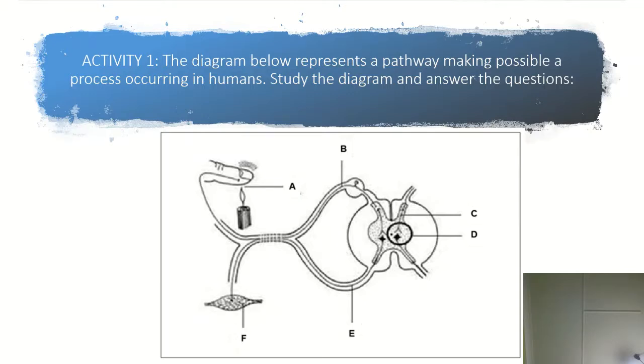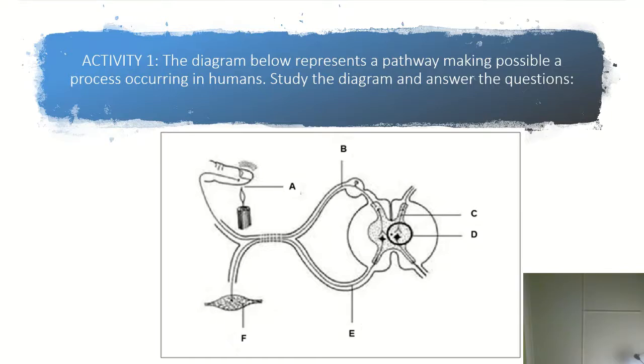Now, learners, I'd like you to look at this short activity that I've attached to this presentation. As you can see, it's a diagram of a reflex arc. On the top left of the diagram, there's a finger, a thumb.